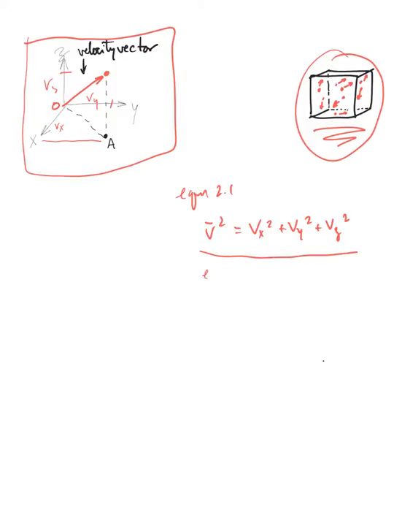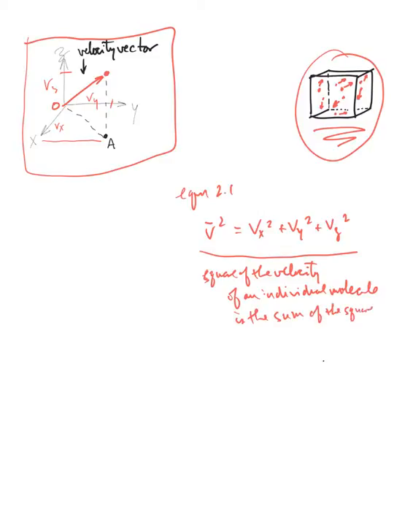So this is saying, again, I'll just write this out, the square of the velocity of an individual molecule is the sum of the squares of the directional components.